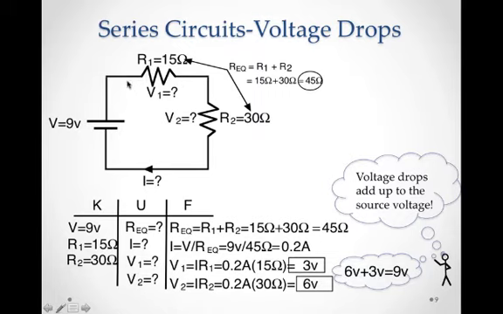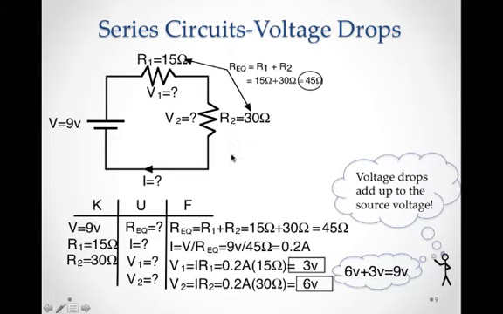But you can't use up all 9 volts of work per charge for your first resistor. You have to leave some for this other resistor. In fact, the amount of work per charge across these resistors is going to split up proportionally with the amount of resistance that there is in each one.